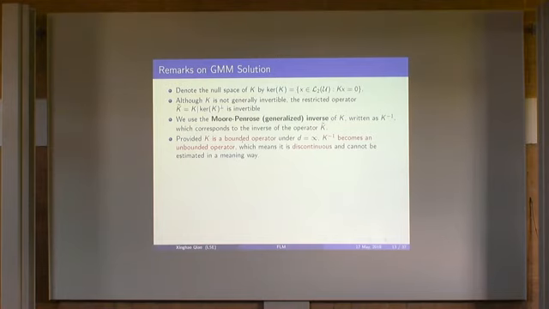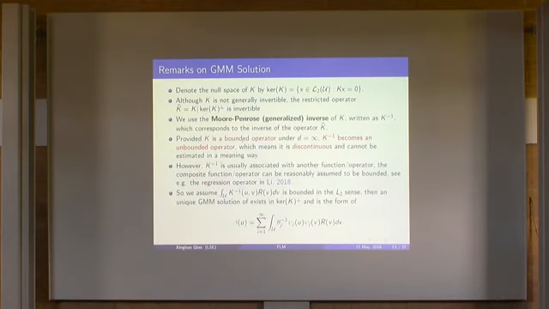Secondly, if K is a bounded operator in the infinite dimensional setting, then K inverse will not be a bounded operator. How to understand that? If you consider the Hilbert-Schmidt norm of K, it is finite, so the sum of the eigenvalues is finite. But if you consider the inverse, the sum of the inverse of the eigenvalues, that makes this term unbounded. We know that an unbounded operator is discontinuous and cannot be estimated in a meaningful way.